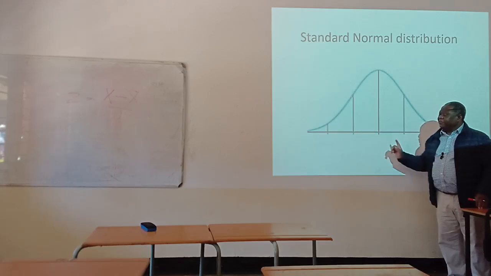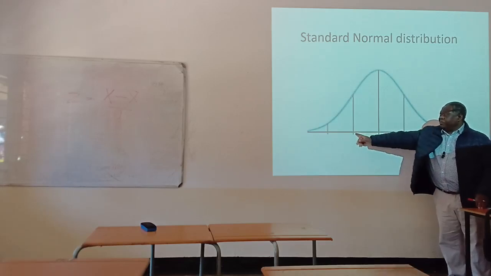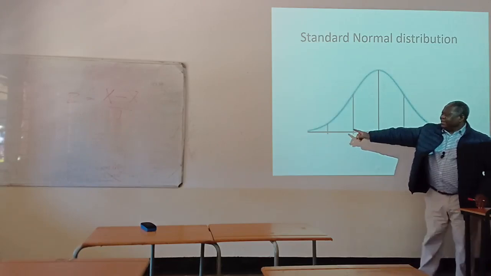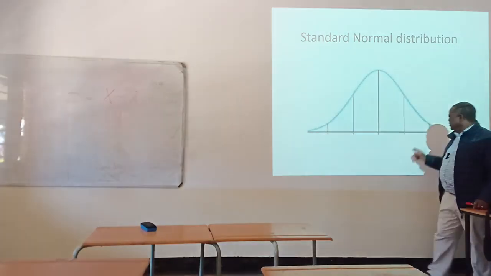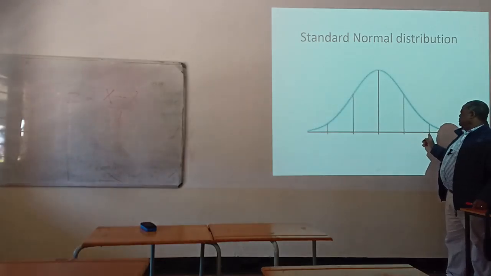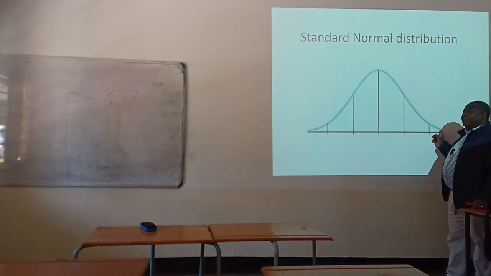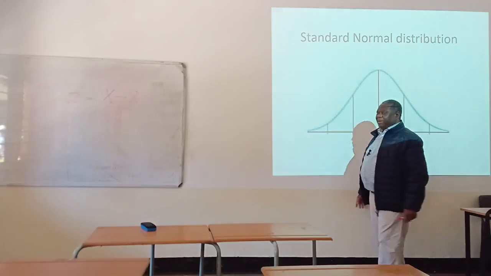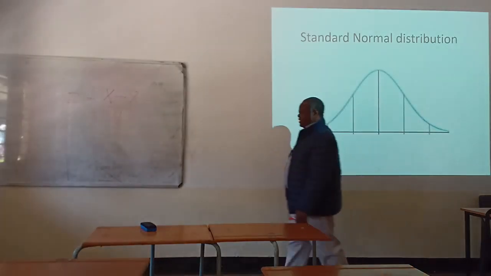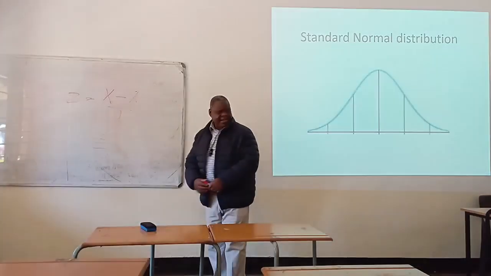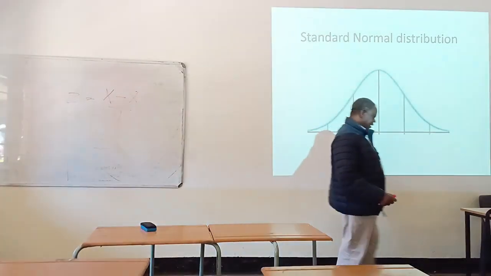This, which is one standard deviation below the mean, will always be -1. 2 standard deviations below the mean will be -2. 2 standard deviations above the mean will be 2. 3 will be -3, and 3 that side will be +3. The other side will be -3.